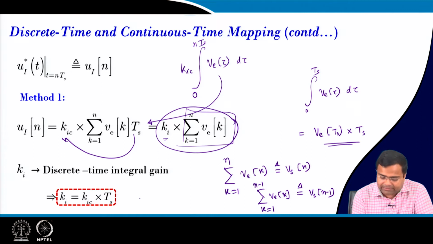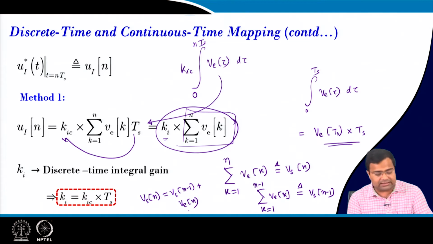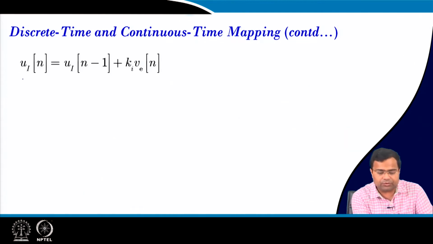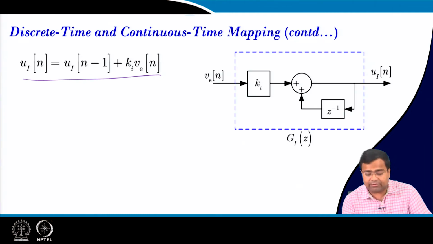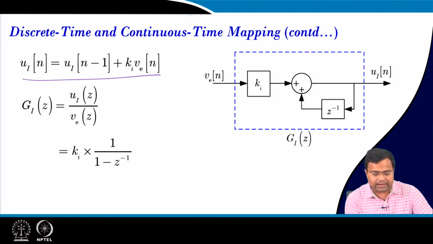So, by iterative algorithm we can write V s of n equal to V s of n minus 1 plus V E n, that is it, and this iterative method we will be using to get this integral value. Okay? And then you can realize it by inserting a unit delay, and if you obtain the transfer function by this method, you will get k I times 1 by 1 minus z inverse.